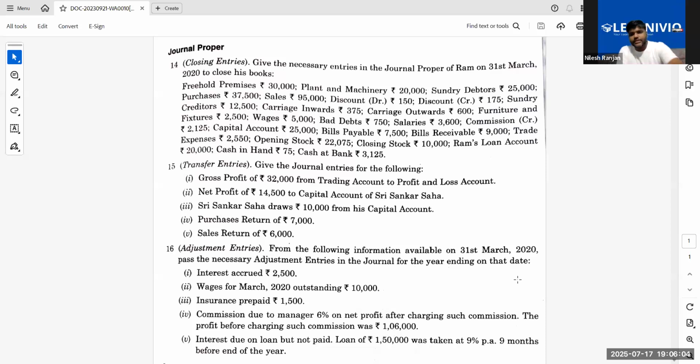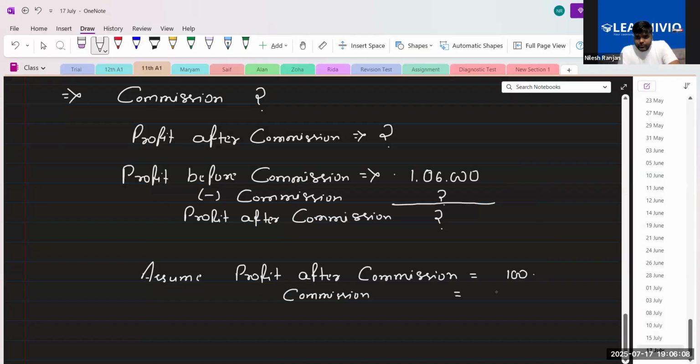The rate in the question is 6%. So 100 into 6%, it will be 6.